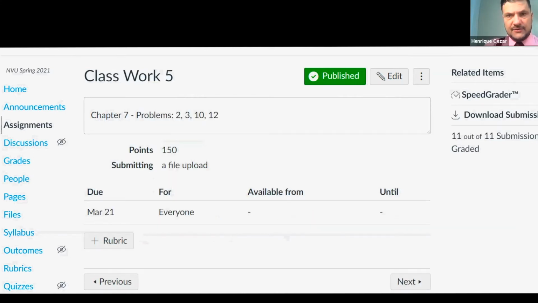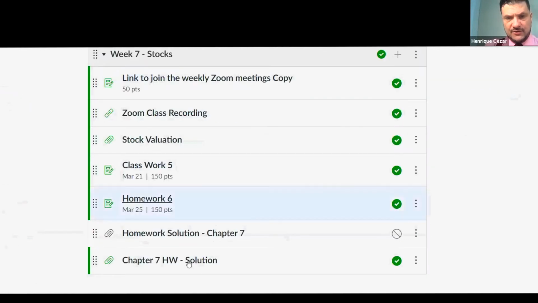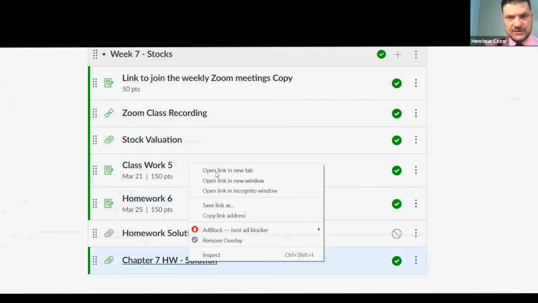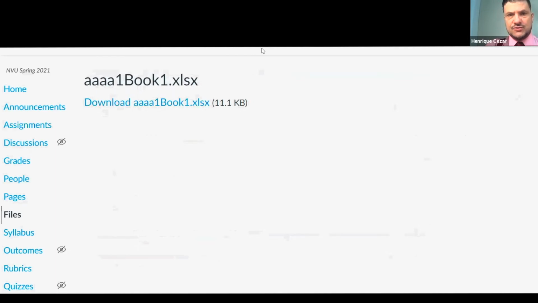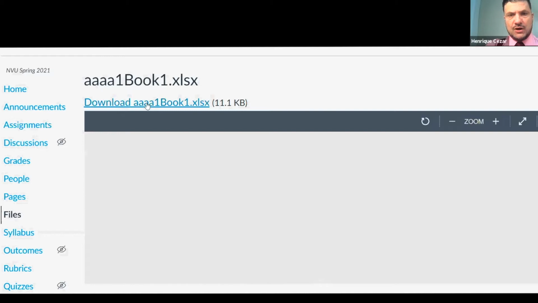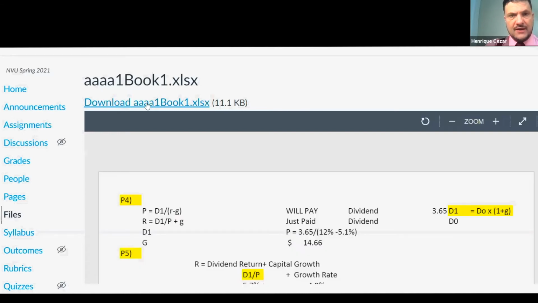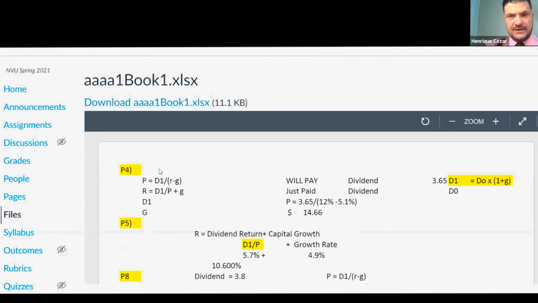So again, I know for a fact I'm not going to be going over every single one of them, just a few of them. So remember, for the next exam, I insist, because I want you to do well, you will need to remember the formula, the dividend growth model formula, and you're going to need to remember the concept of dividend 1 and dividend 0, the next dividend and the most current dividend.